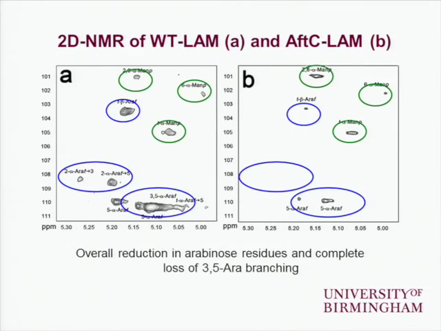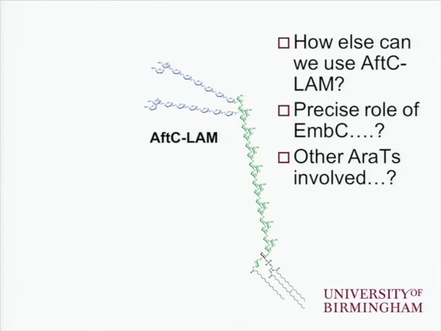So this really suggested that we had a very simplified structure in terms of lipoarabinomannan. So one of the things that we thought at the time was that this is probably what it looks like, similar to what we had in arabinogalactan, a very short arabinan segment based on its GC analysis and its NMR analysis. How could we use it to probe the role of MC?